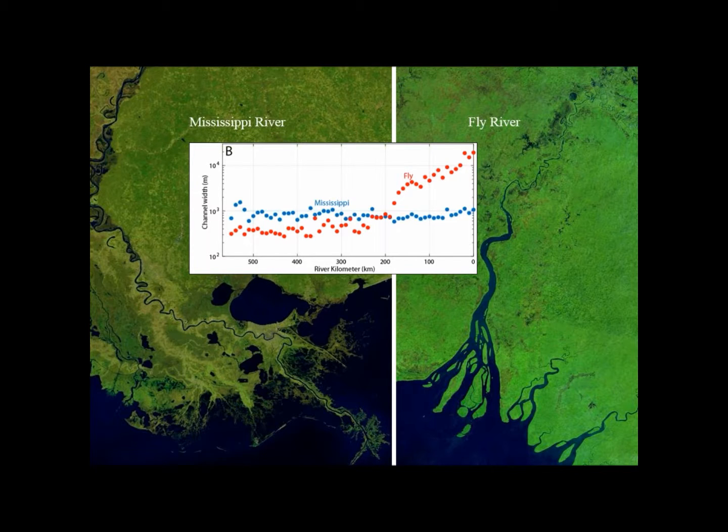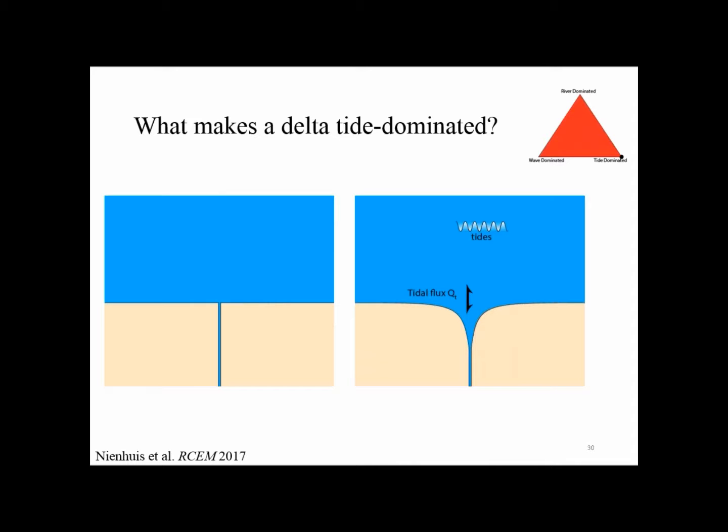You can make a simple plot of that, and when you plot channel width for different river kilometers upstream, you see that the Mississippi is pretty constant, and the Fly starts out a lot narrower than the Mississippi, but then quickly becomes more than an order of magnitude wider. This is because of the tides.